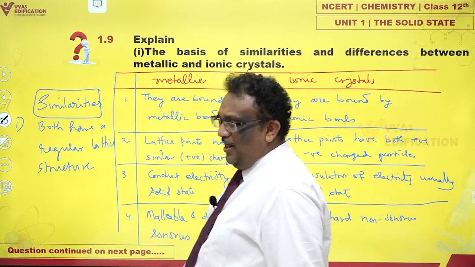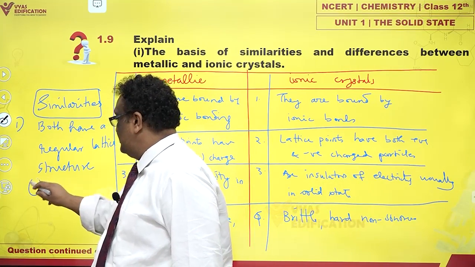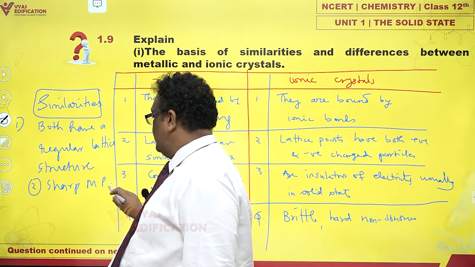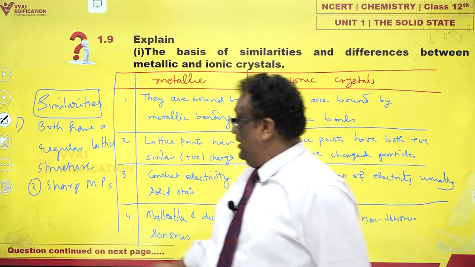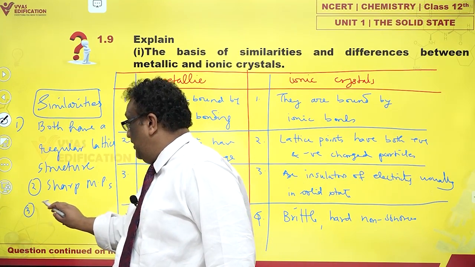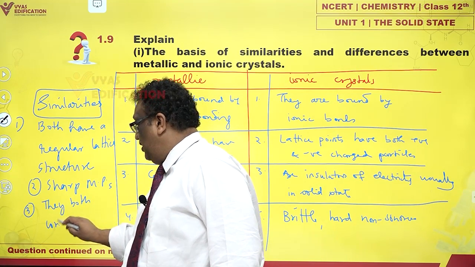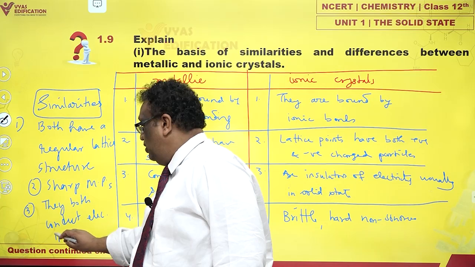Do they have any similarities? Well, they have sharp melting points. They both have sharp melting points. They melt at a unique temperature. Yes, that's very beautiful. Anything common? They both conduct electricity in molten state.